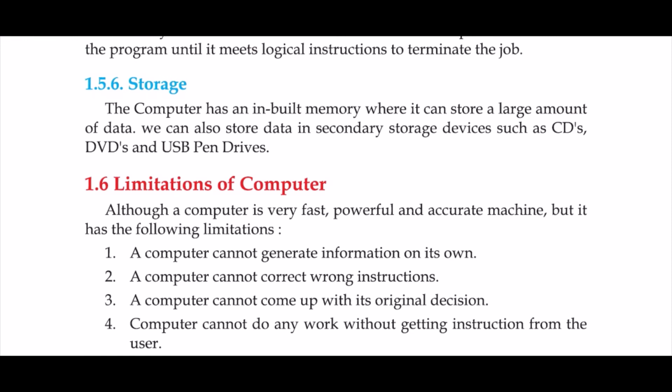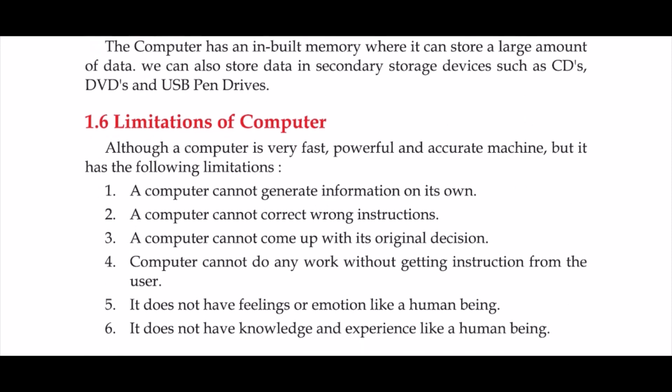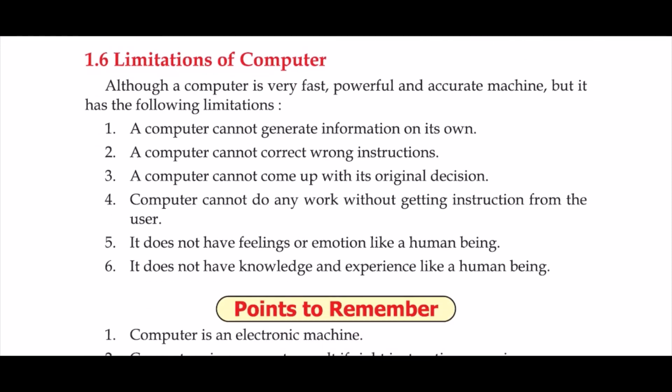Now, what are the limitations of a computer? Although a computer is a very fast, powerful and accurate machine, it has the following limitations. A computer cannot generate information on its own. A computer cannot correct wrong instructions. A computer cannot come up with its own original decision.